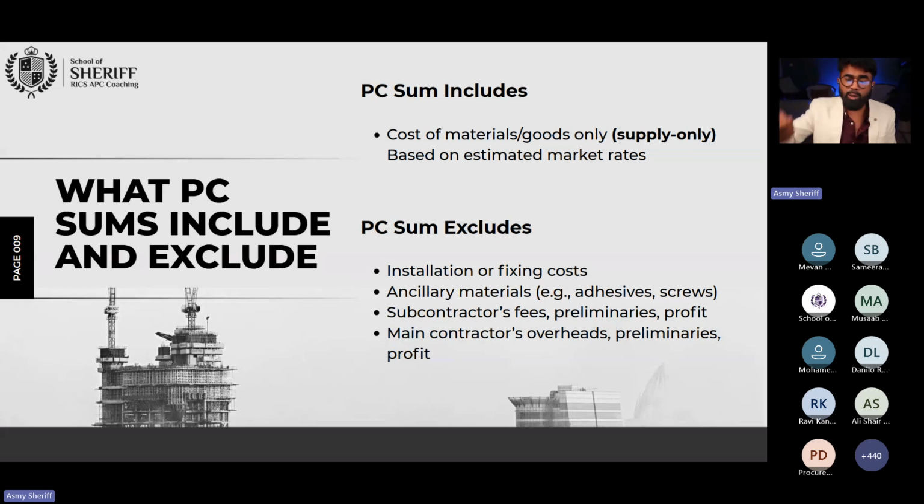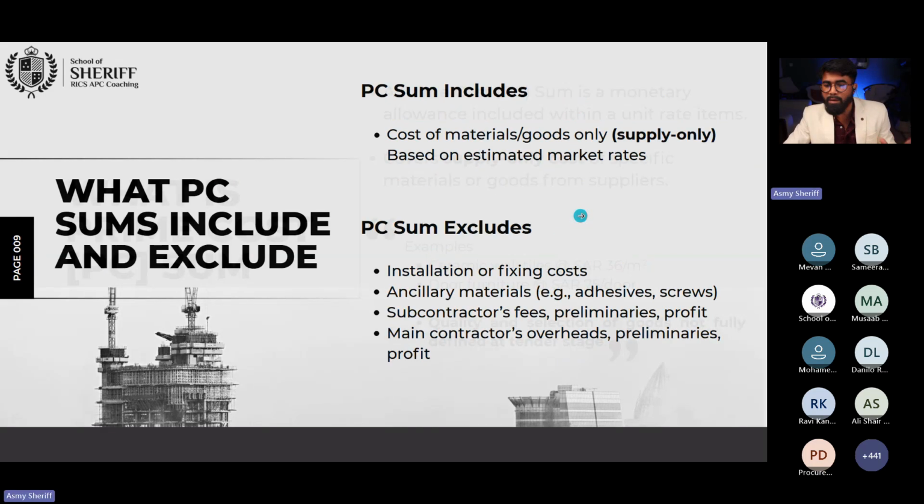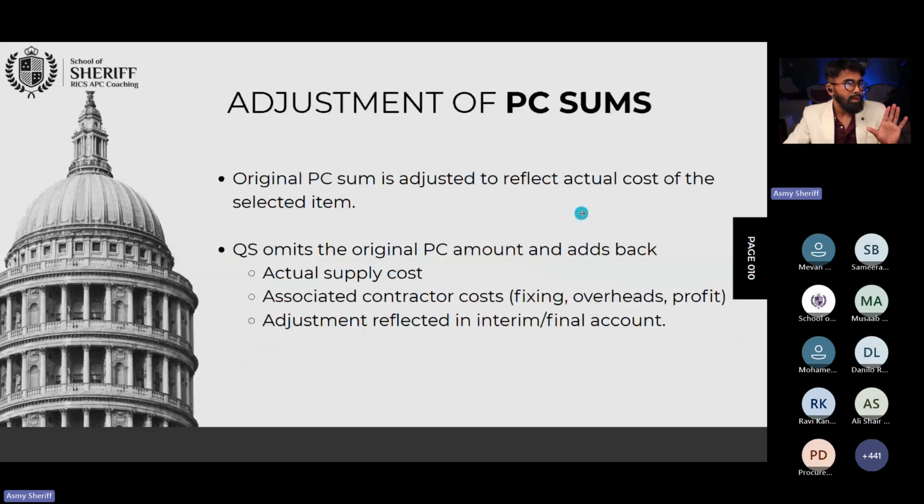When you select your tap, the contractor will come to you and give you the price, the check, the invoice. Based on that, you are going to select it. That's what we call prime cost as well as provisional sum. And remember, guys, when we speak about prime cost or provisional sum, both of them are uncertain.